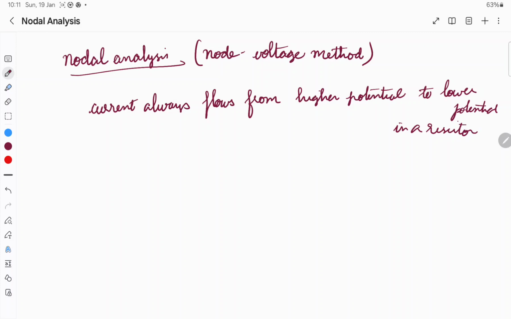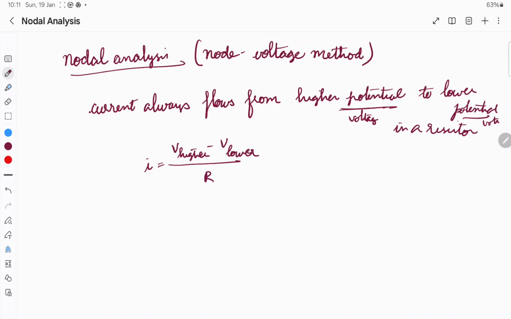So what is potential? Potential is nothing but the voltage. It's from a higher voltage to a lower voltage. So current I is the voltage higher minus voltage lower, divided by the resistance.